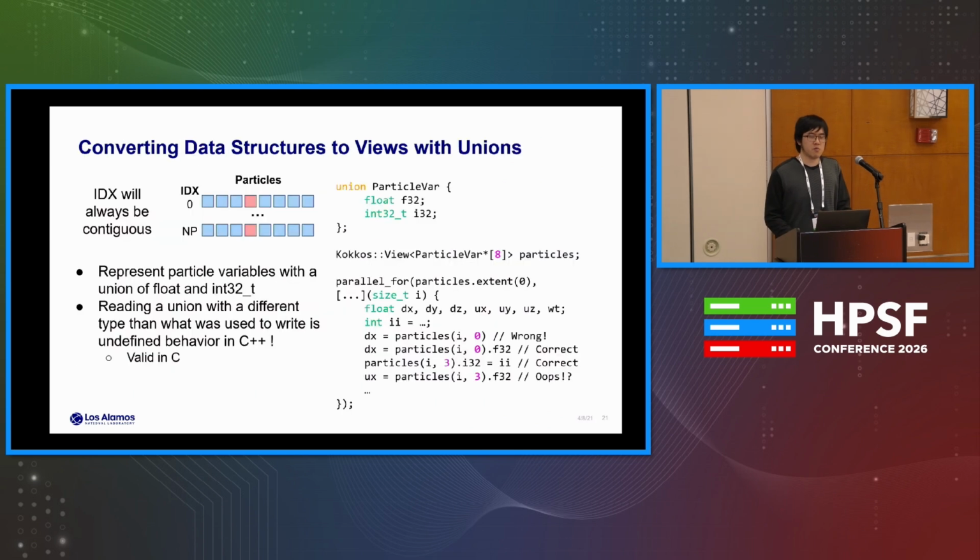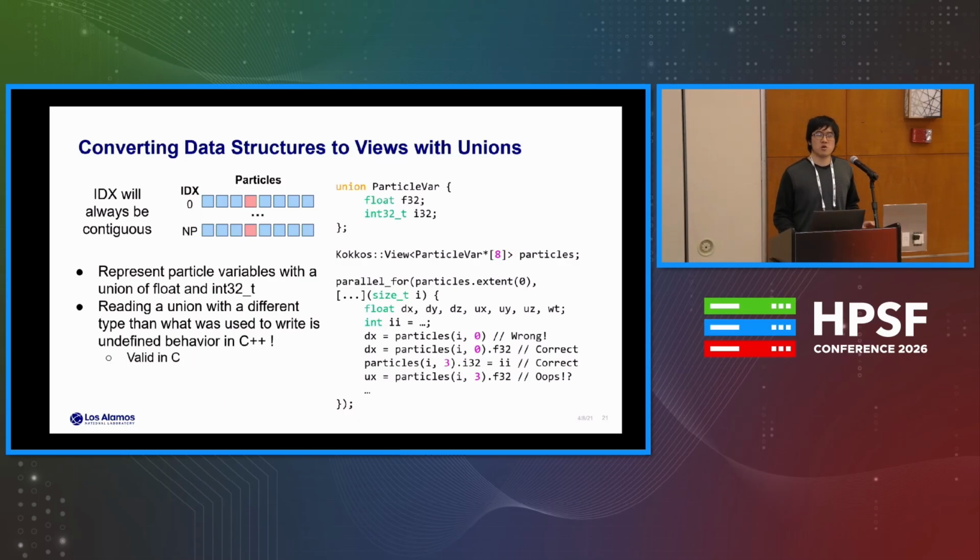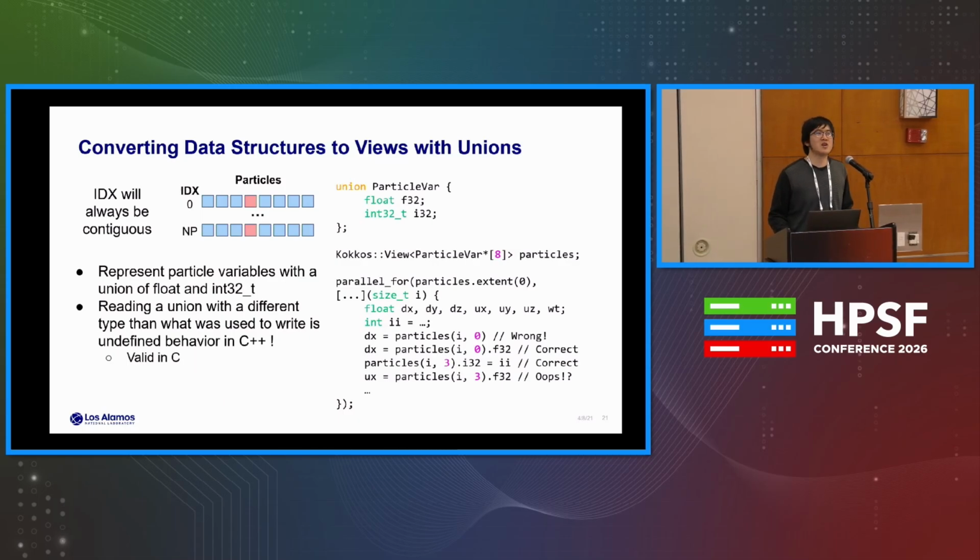So what we can do, at least with the particles, is start with a union. For type punning, it is not ideal and introduces potential undefined behavior, at least in C++. GCC supports this as an extension, it always will. But compiler-specific behavior is still not ideal.